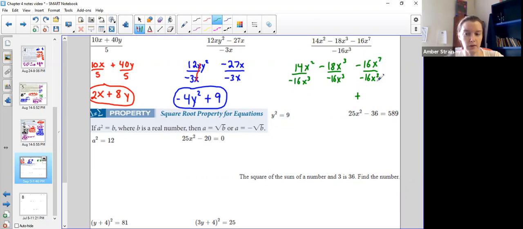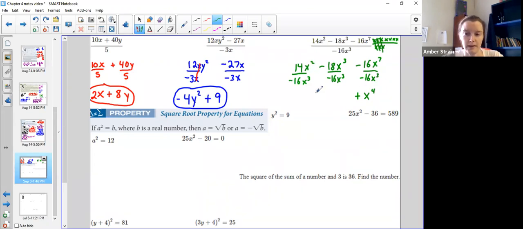If 3 out of those 7 cancel, that would leave me 4 x's on the top. So if you visualized it, you would see all 7 of those x's, and 3 of them would go away, leaving me those 4 on the top.